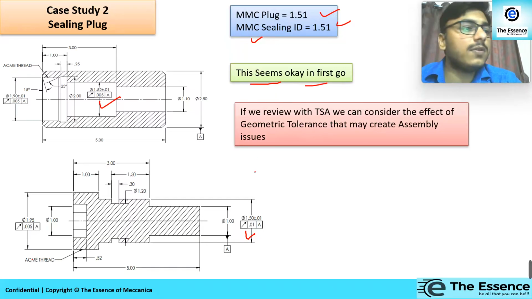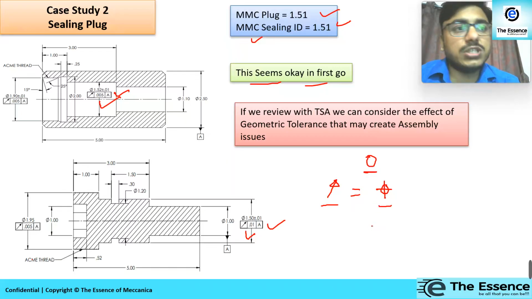But you know, we haven't considered the effect of these run out tolerances. Suppose the form is perfect, that circularity is perfect over there, so the run out is equivalent to a position tolerance. If it is perfectly round, this run out is equivalent to position tolerance.